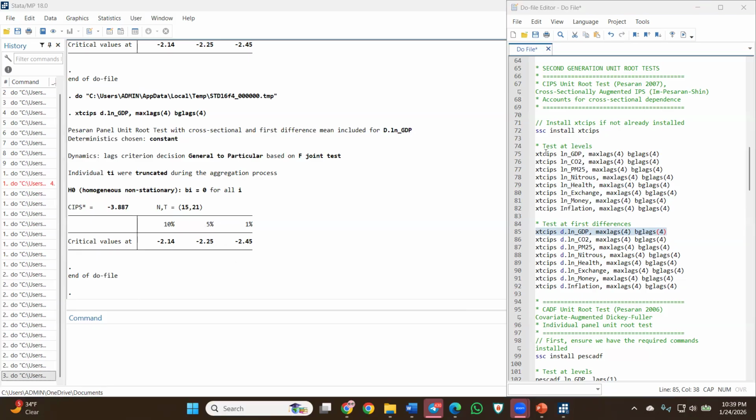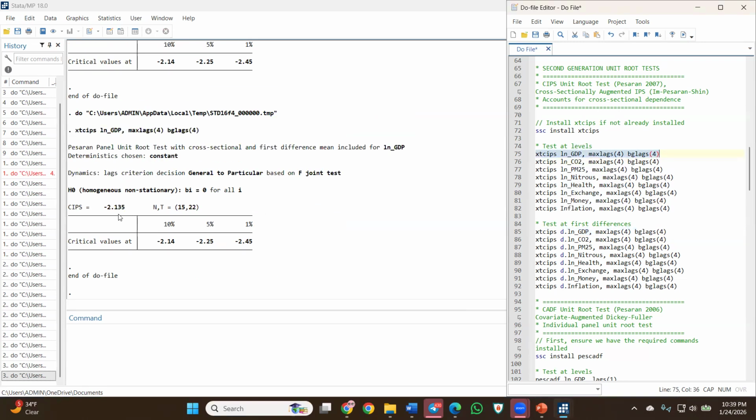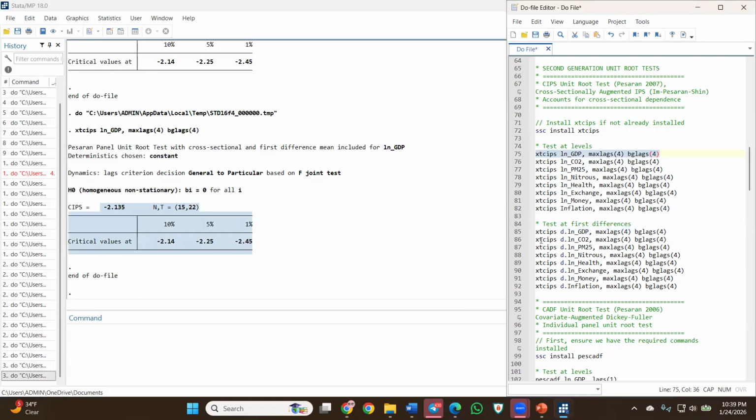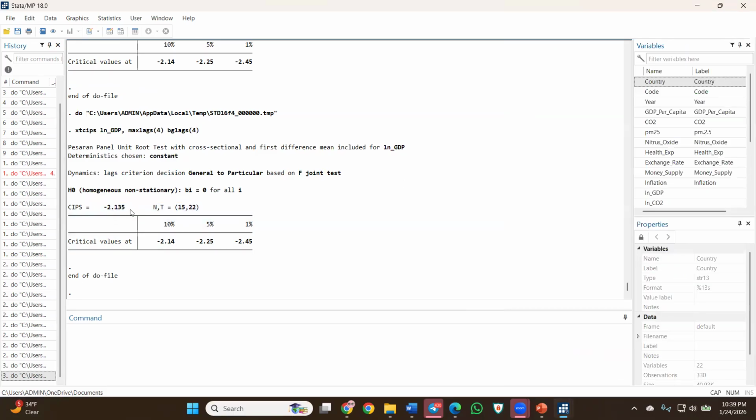Great. So we can see that at level, that variable was not significant. At level, the test statistic was less than the critical value, so it was non-stationary.